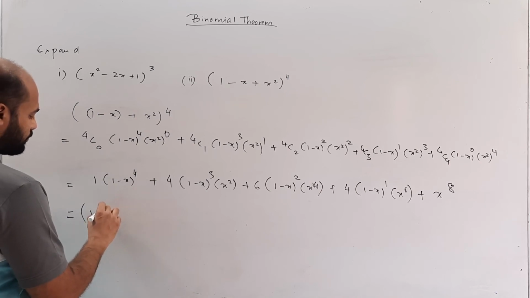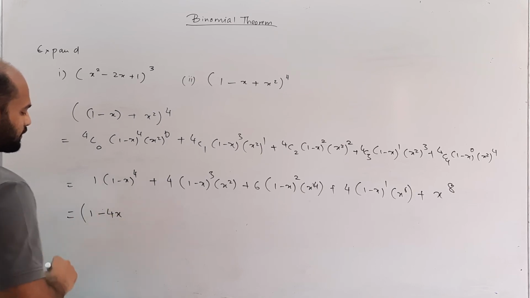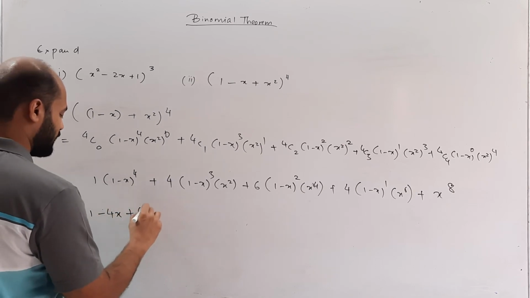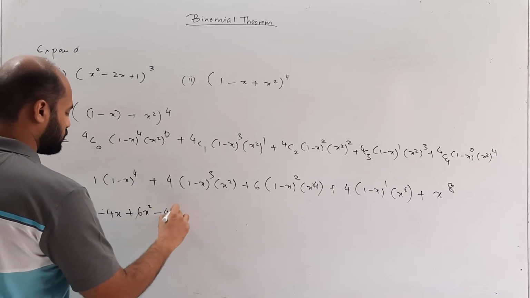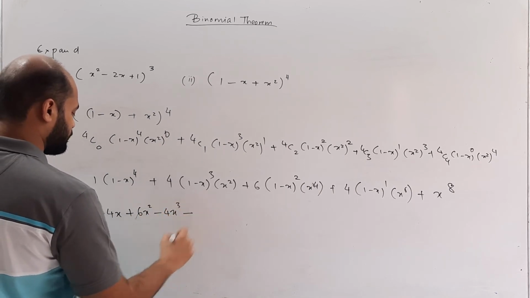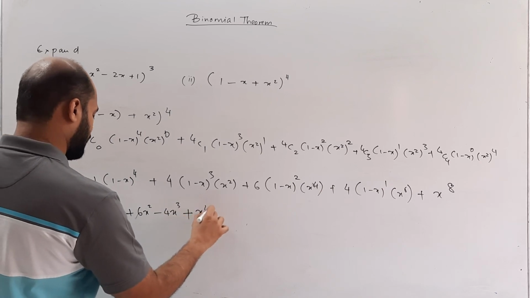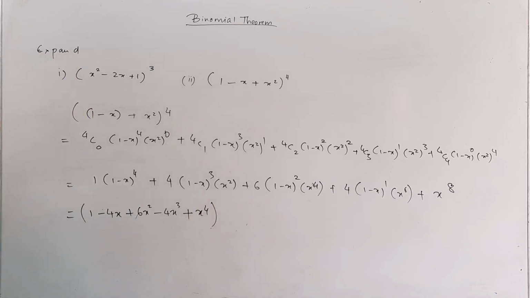So this will have minus 4x plus 6 x square minus 4 x cube plus x raised to 4. This is the first expression.